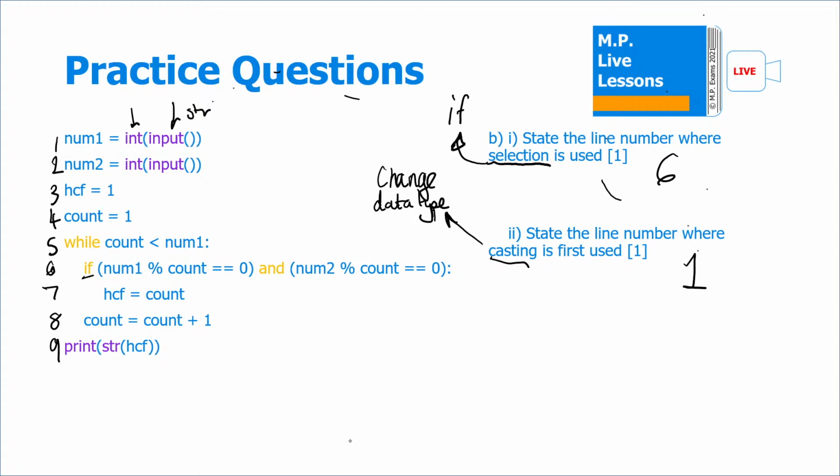And part I is what type of iteration is used. The type of iteration used is within this while loop here. We can have a condition here. So if you have a condition, this is indefinite.